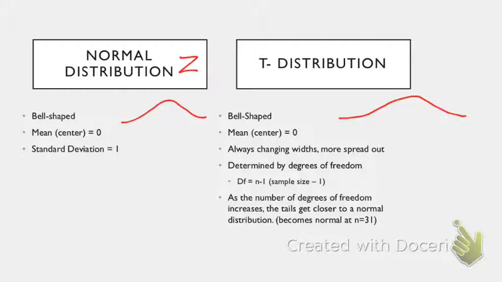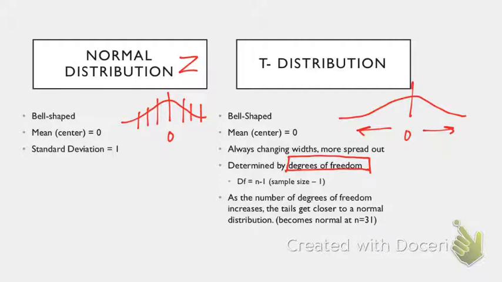So normal distribution is always centered at 0, has a standard deviation of 1. A T distribution is still centered at 0, but it fluctuates based on something that we call degrees of freedom. I'm going to explain what that means in a second. So I'm going to let you write that down and then I'll explain it.